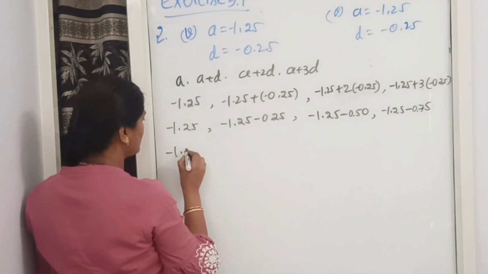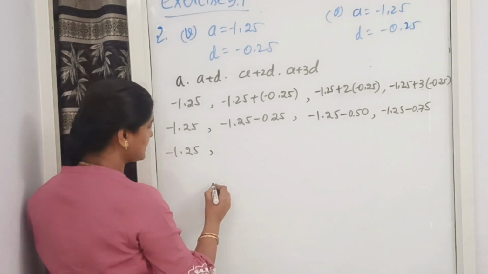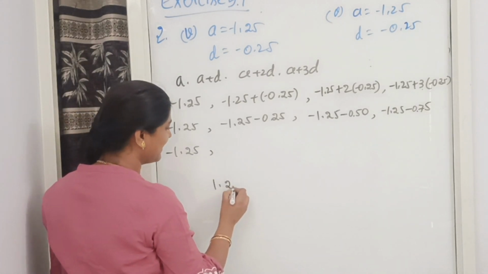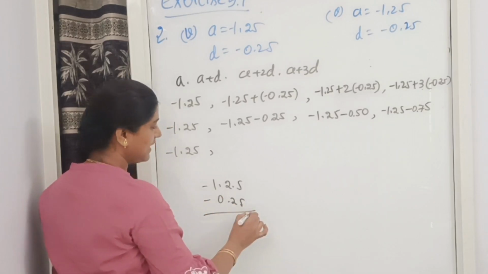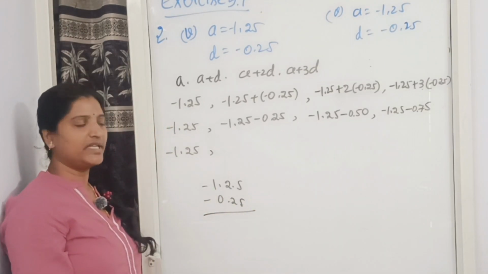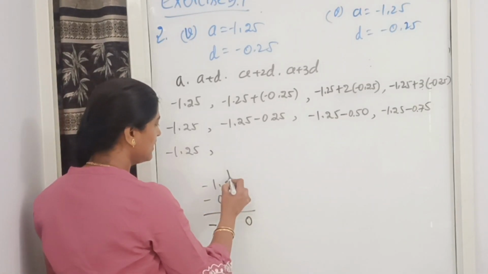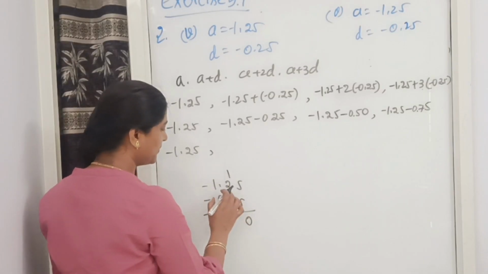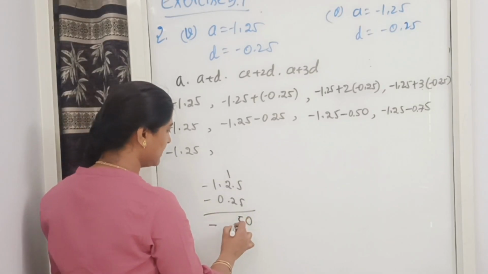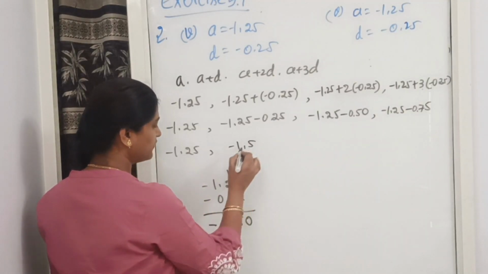And now minus 1.25, and here you can subtract separately. Do we need to subtract or add? Both are on the negative side, so we keep the negative and add them. 5 plus 5 is 0, 1 carry. 4 plus 4 is 8, plus 1 is 9? Here it works out to minus 1.5.